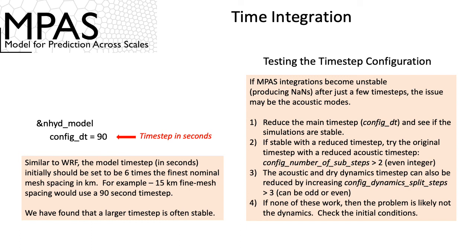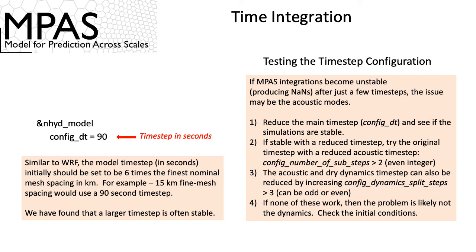In terms of testing your configuration, you set a time step and then you run the model. If you find it becomes unstable very quickly, for example after just a few time steps, it may be that the acoustic modes are unstable. To test whether that's the case, if you push the time step a little bit and it goes unstable, first reduce config_dt and make sure it is stable at what we think should be a stable time step, following that rule of thumb.